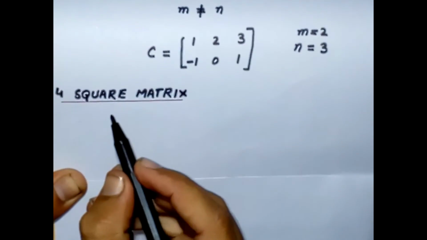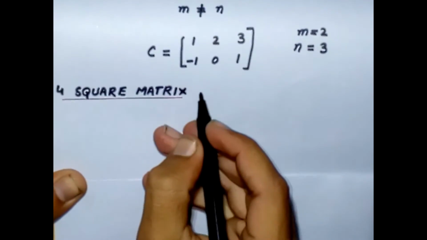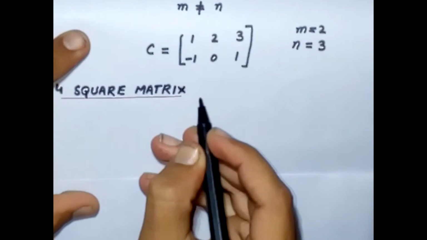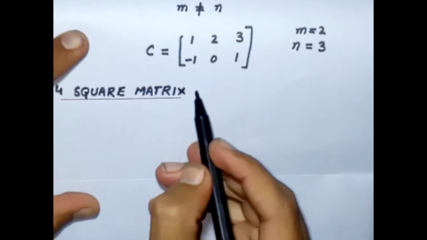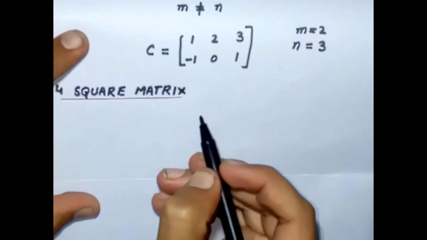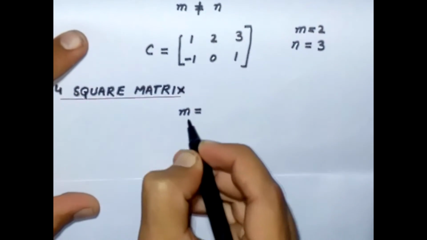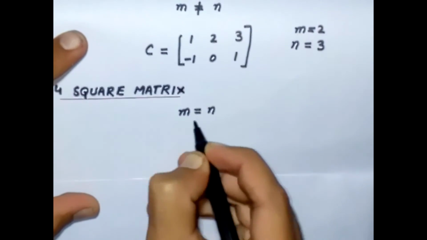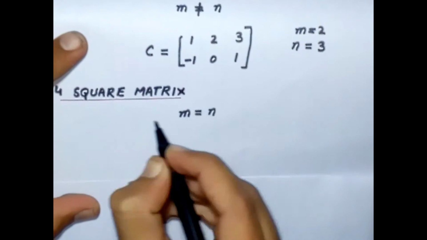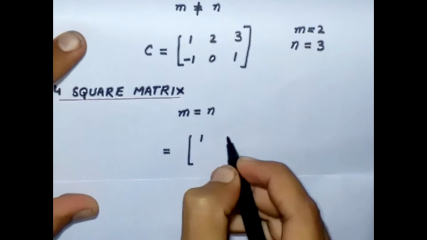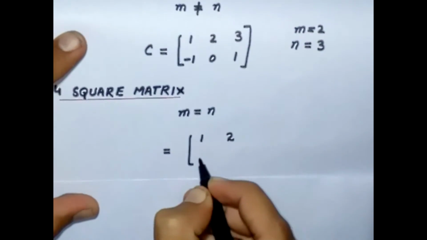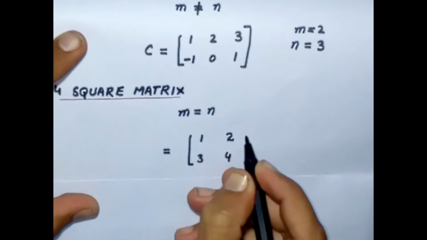Now type number 4. As opposed to rectangular form, in which the number of rows and columns were not equal, if the number of rows and number of columns are equal, then the matrix is called a square matrix. For example, a matrix 1, 2, 3, 4.